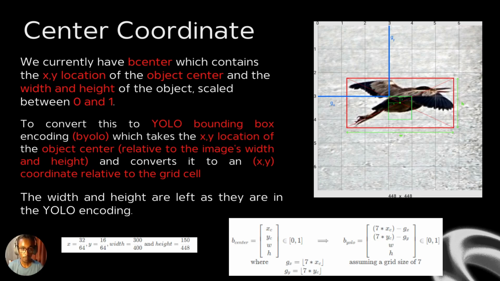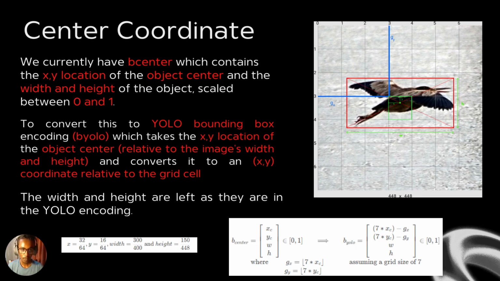So now the one that we computed is just relative to the entire image, and we need to convert it so that it becomes relative to the grid cell. The width and height are left as they are in the YOLO encoding. So we don't do anything to the width and height computed before.